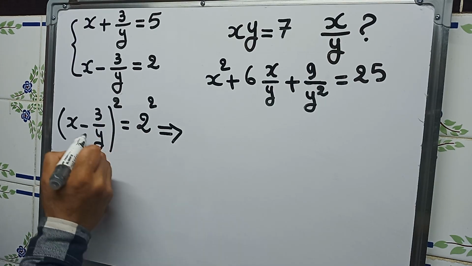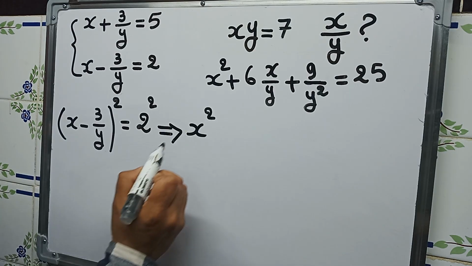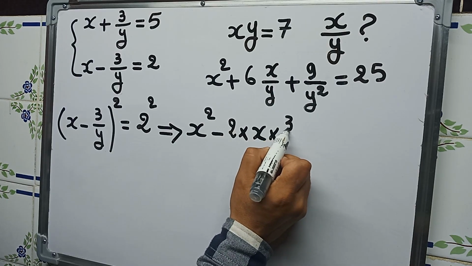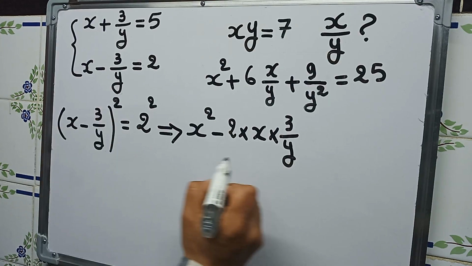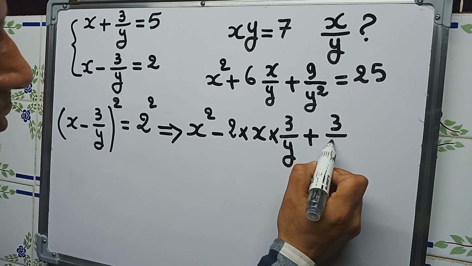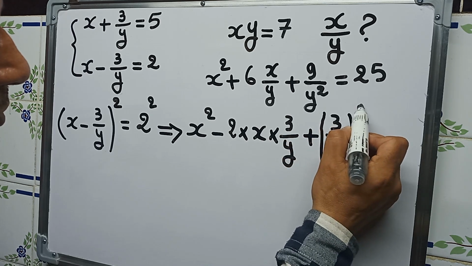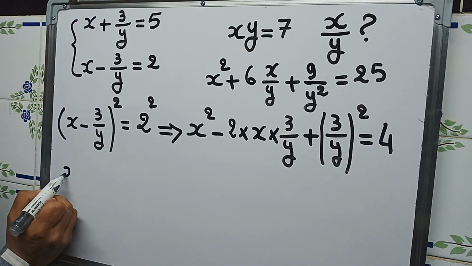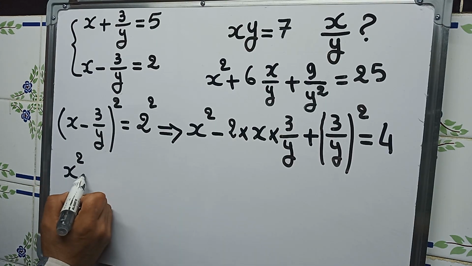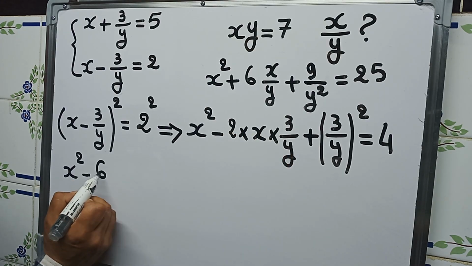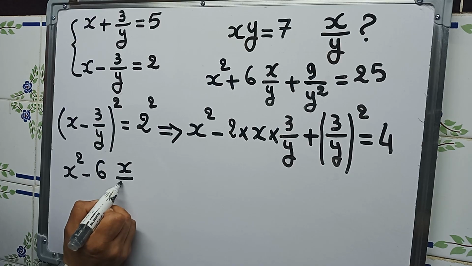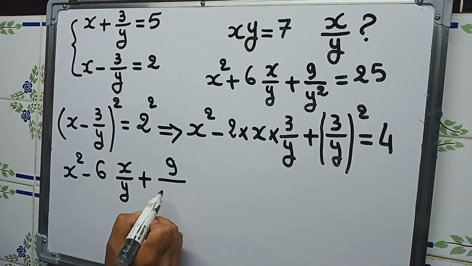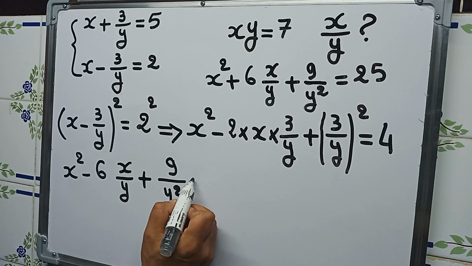Of course, that means the special product x squared minus 2 times x times 3 over y plus 3 over y squared is equal to 4. So x squared minus 6x over y plus 9 over y squared is equal to 4.